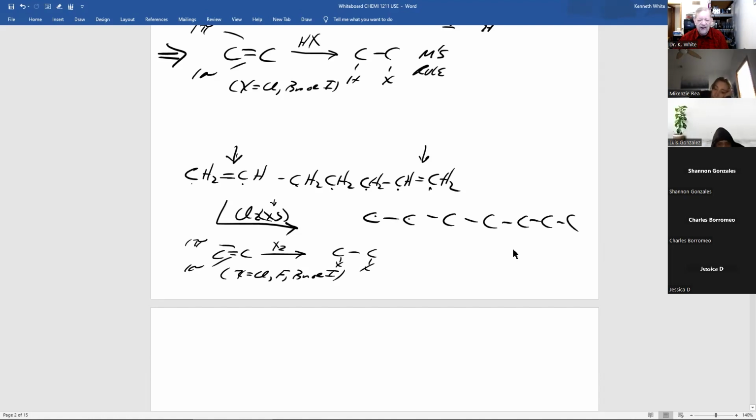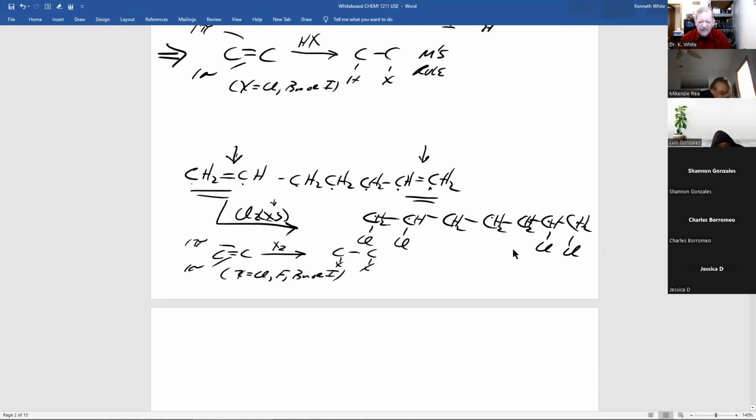And here are my 2 carbons of this double bond. I break the pi bond. Each one gets a halogen, chlorine. And then I have these 2 carbons of this double bond. I break the pi bond. Each one gets a chlorine. That's why you need the excess. And that's how you do it.